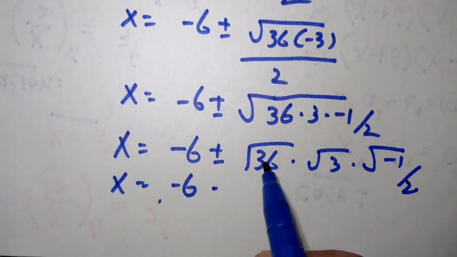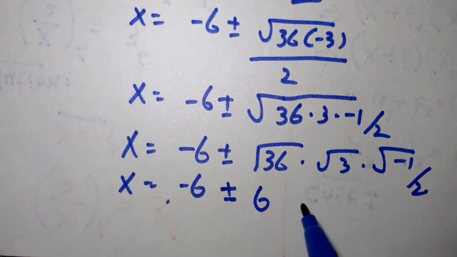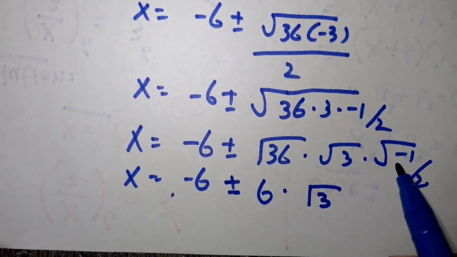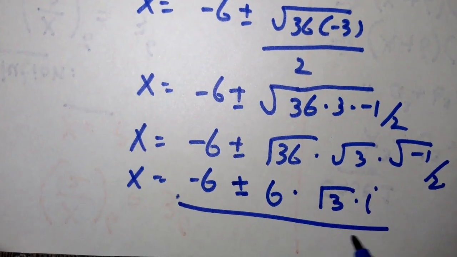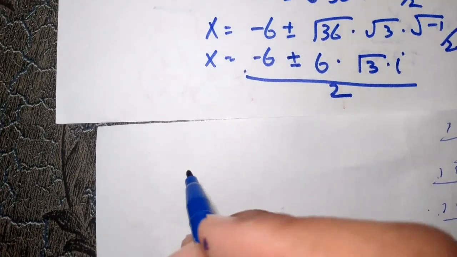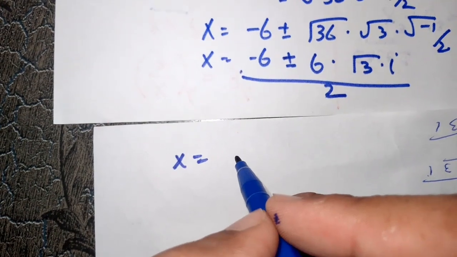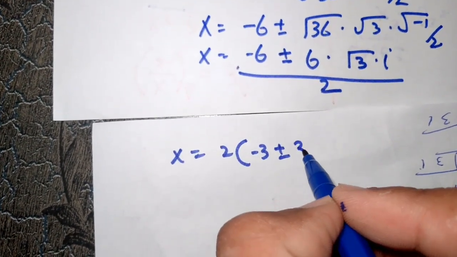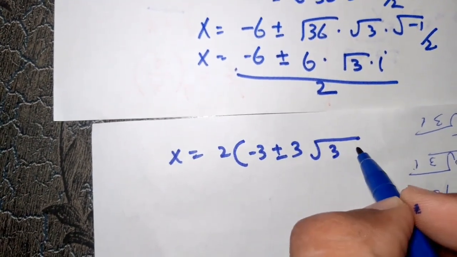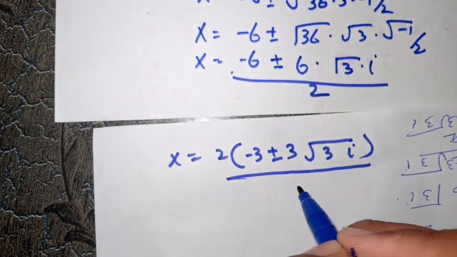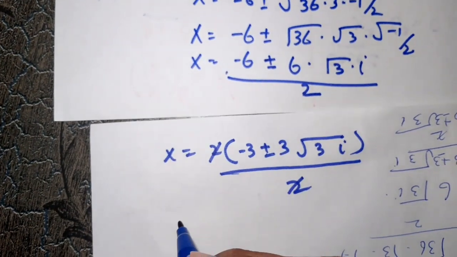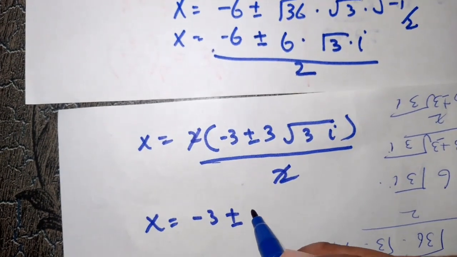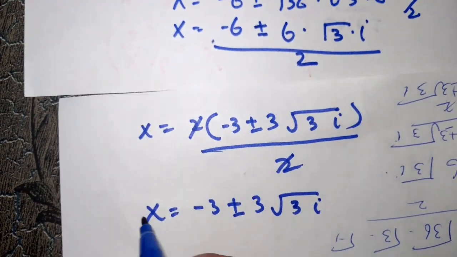So this will become 6 multiply square root of 3, here square root of minus 1 is equal to i, over 2. x is equal to, here we take the 2 common, minus 3 plus minus 3 square root of 3i over 2. The 2s cancel with each other, and we get x is equal to minus 3 plus minus 3 square root of 3i. So this is another value of x.